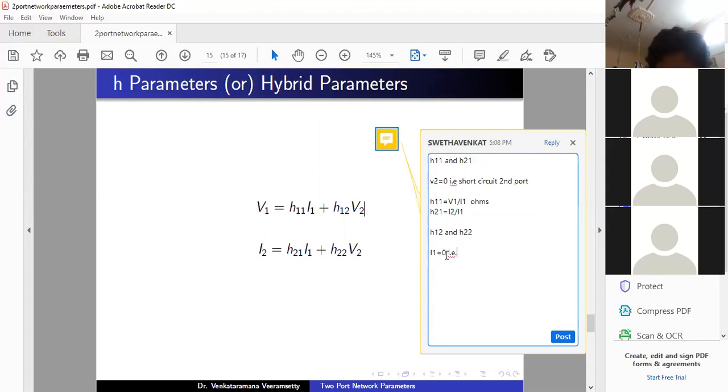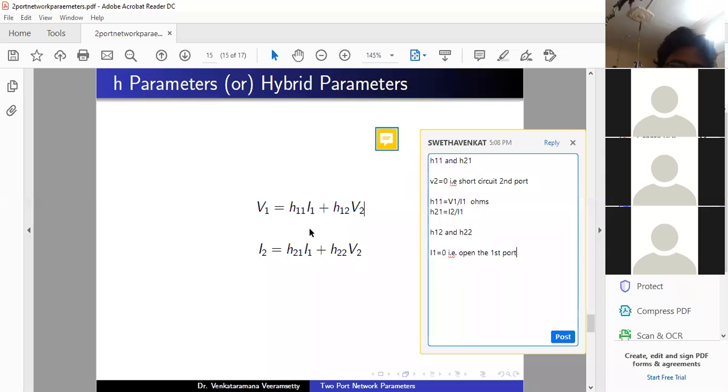I1 equal to 0 means input current equal to 0, which is nothing but the input port being open. Current 0 means open circuit, and voltage 0 means short circuit. Because I1 equal to 0, the first port must be open.